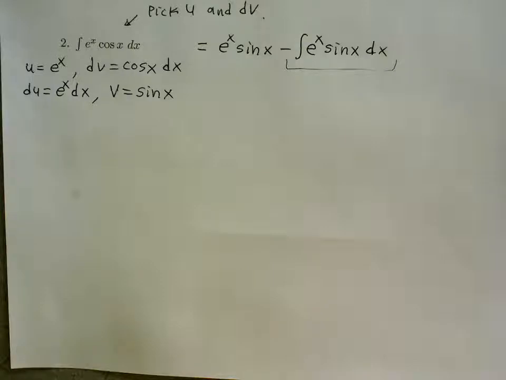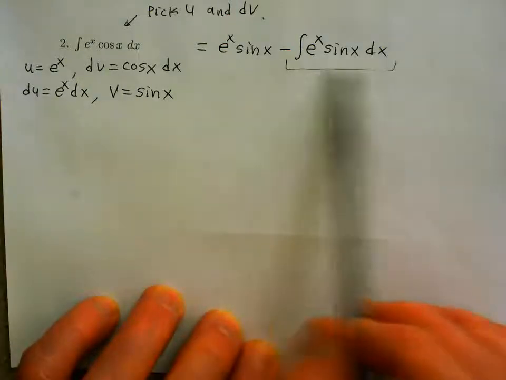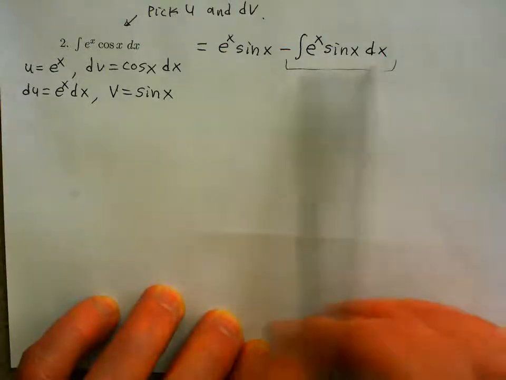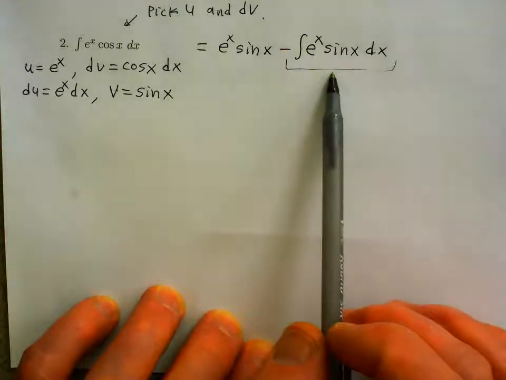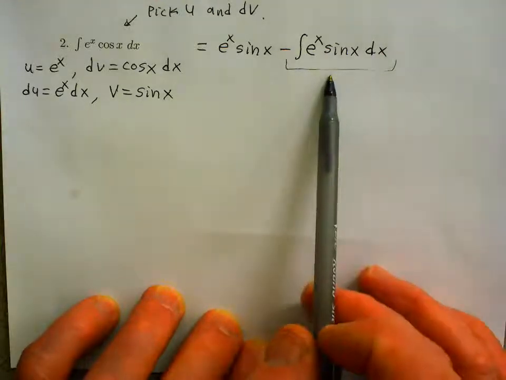Okay, what we're going to do next is a little detail that is sort of important for you to catch. To evaluate this indefinite integral, we're going to have to use integration by parts again.